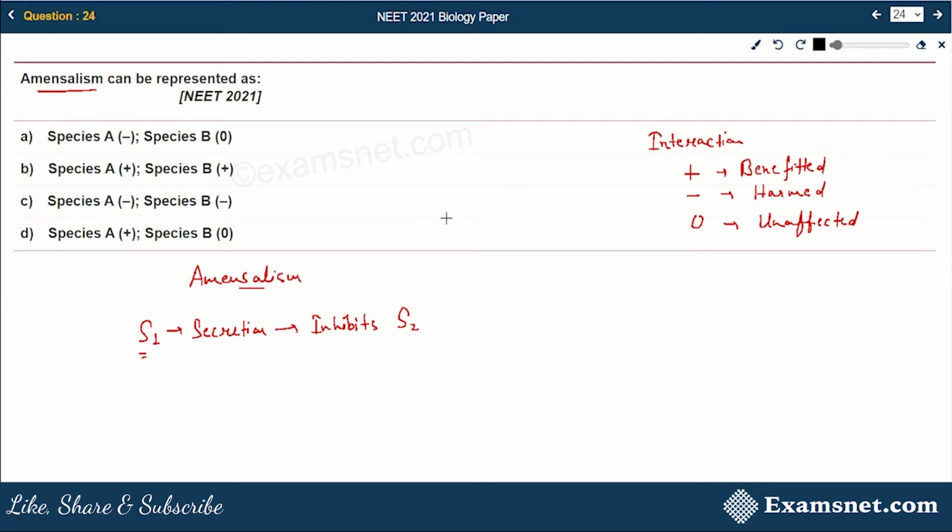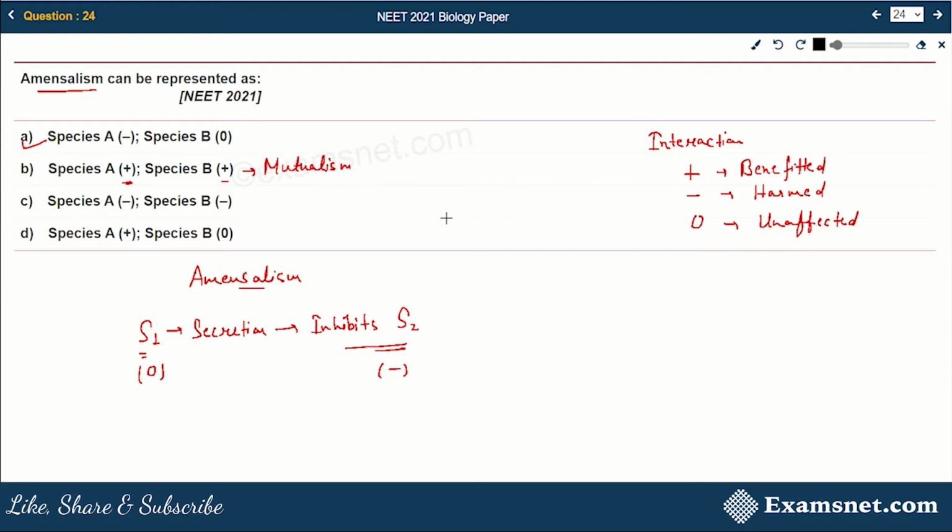Then in that case, the other species is harmed whereas the first species remains unaffected because it is neither benefited through its secretion nor harmed. So in this case option A will be the correct option. What does option B denote? Species A is benefited whereas species B is also benefited. That means both the species are benefited. So this is a case of mutualism where both the species help each other in some ways.